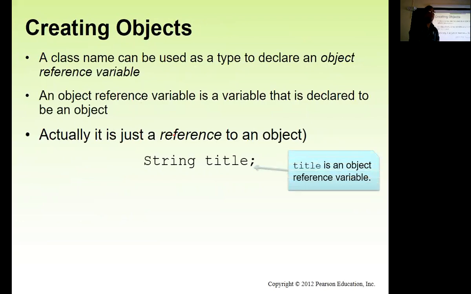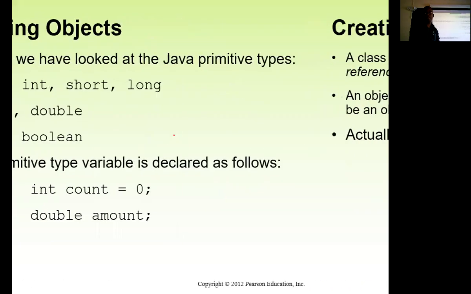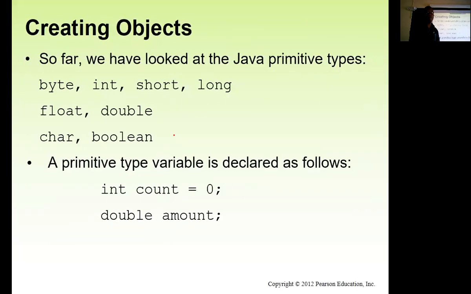All right? There's a difference, however, when you're creating objects, right? An object is a reference variable. Okay? Let's look again. The primitive type, int count = 0, puts 0 into wherever count is actually located in memory. double amount creates a location, right, which can hold a double, and it names it amount.